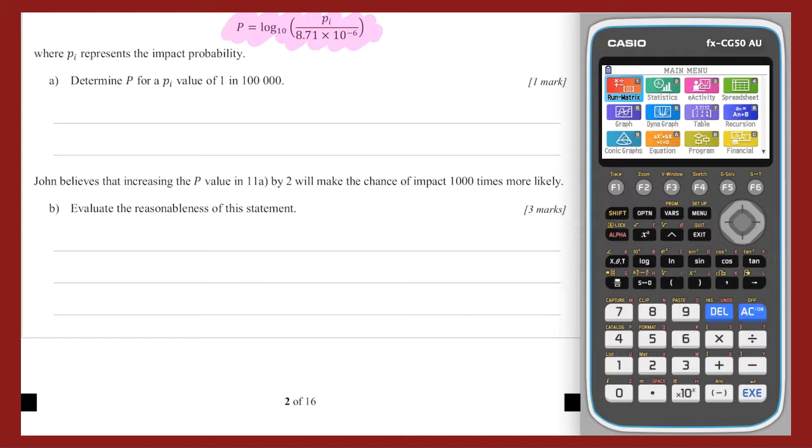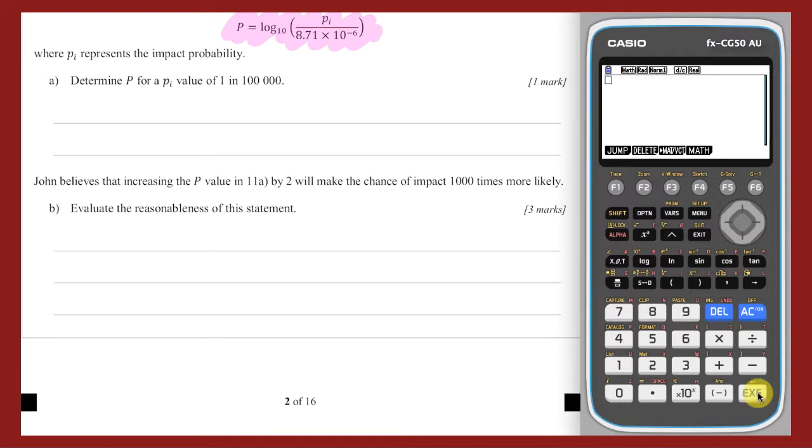This can be directly calculated using the Run Matrix app of a Casio CG50. This gives us a p-value of 0.06.